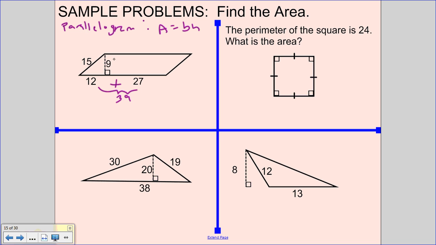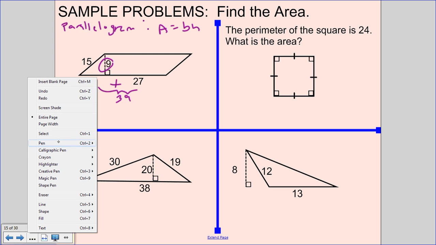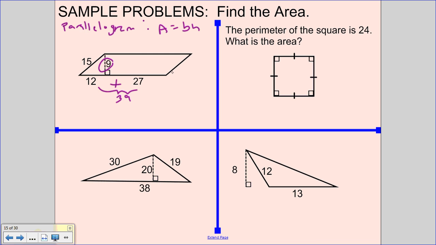And then your height would be the 9, not the 15. Again, base and height need to be perpendicular. And so that segment and the bottom are the only segments that form a 90-degree angle. So now I'm going to take my base and my height and multiply them together. So area will equal 9 times 39.